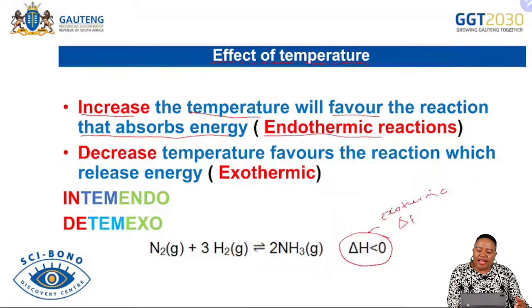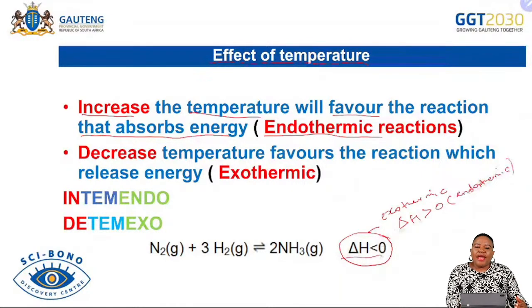If delta H is greater than 0, we know that our reaction will be endothermic. And this is the condition of our forward reaction. So we are told here that our forward reaction is exothermic.